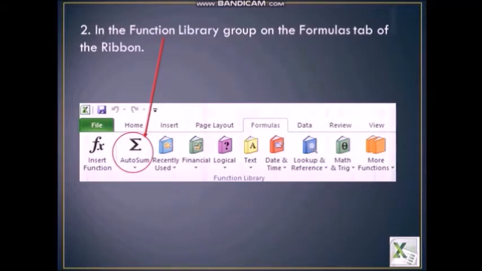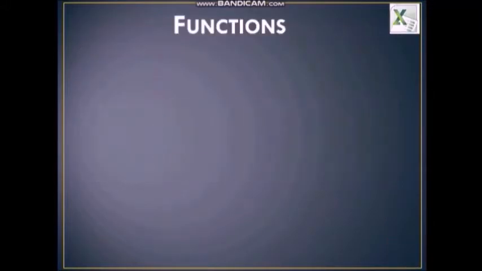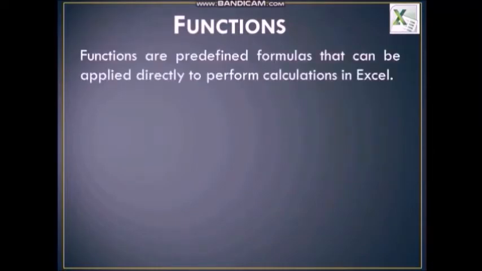Next, functions. So what are functions? Functions are predefined formulas that can be applied directly to perform calculations in Excel. So you don't have to write any formula, you can directly use these functions. Let us see how it works.